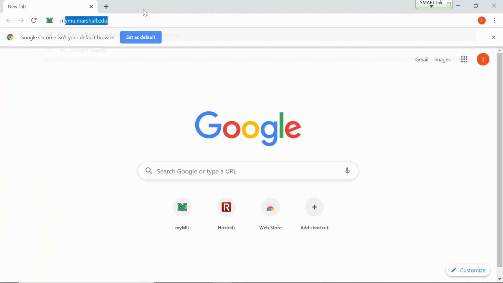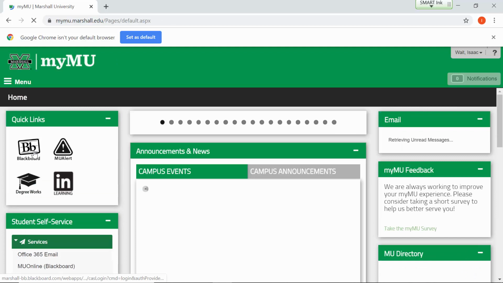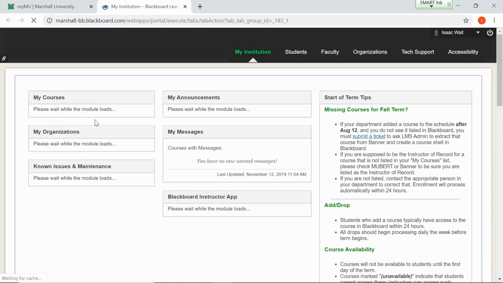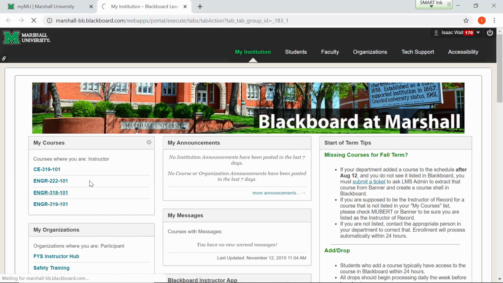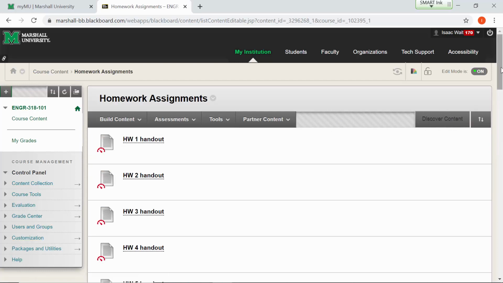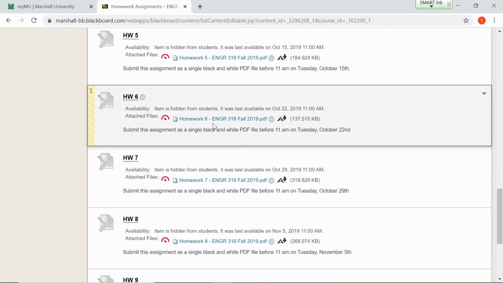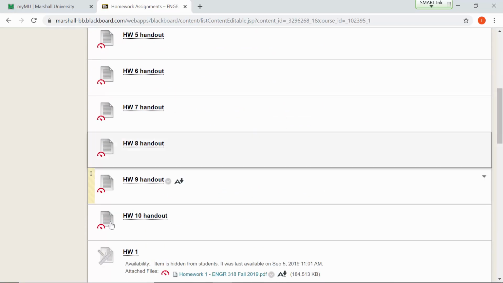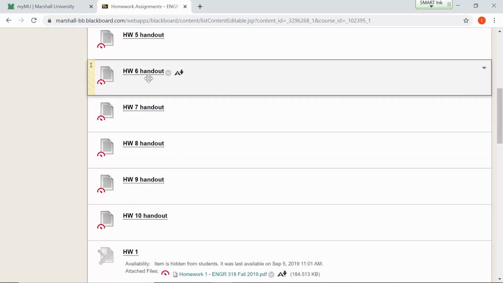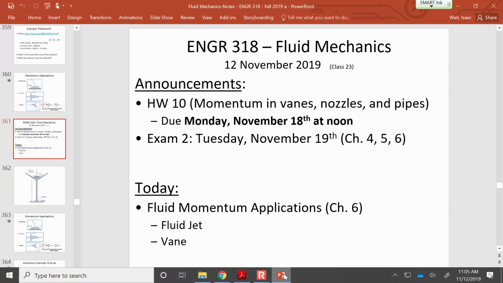If you go to Blackboard and go to the course page, here under homework assignments, the handouts are available. They vanish when the assignment is submitted, but they're all still available above that. Okay. Are there other questions?